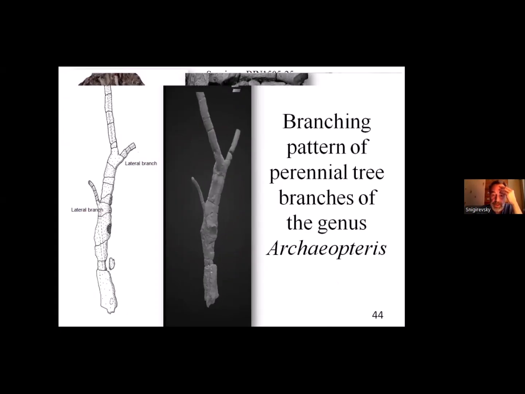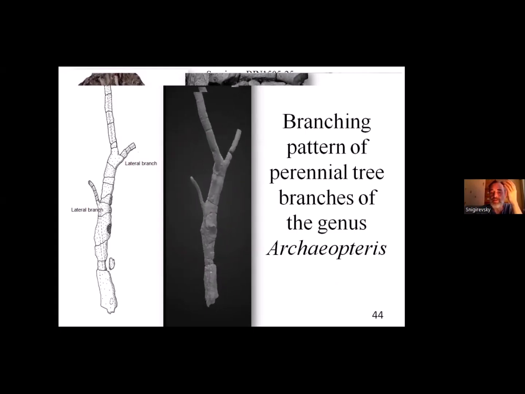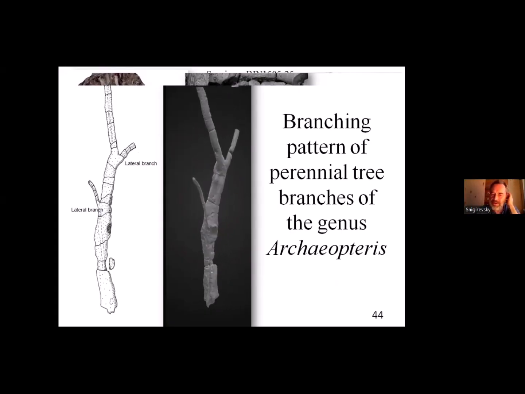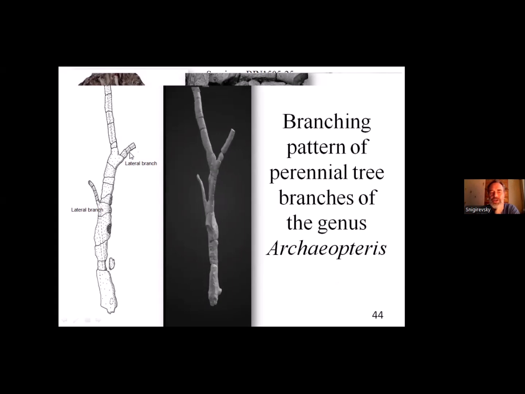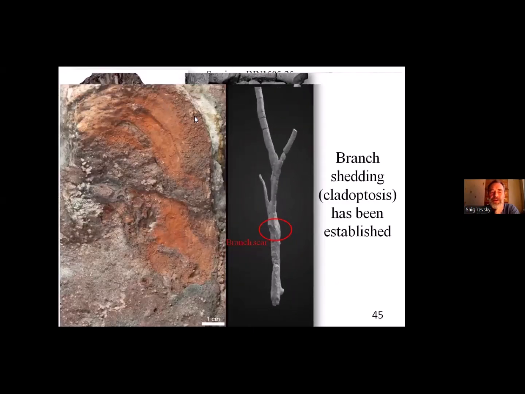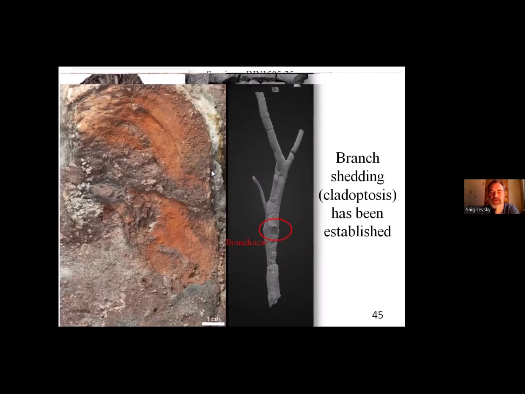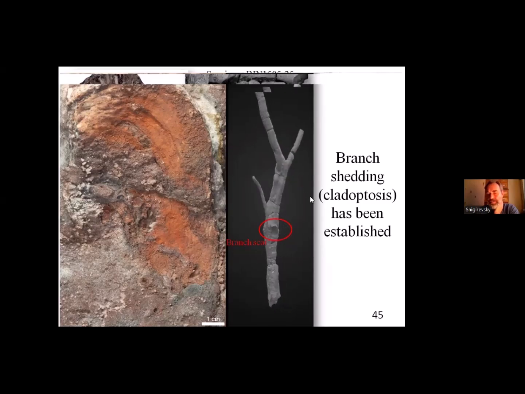So above the branch pattern, yeah, it's perennial tree branches of the genus Archaeopteris. It's established for the first time, and there are two lateral branches. Then we have a very important part which we identified as a branch scar.